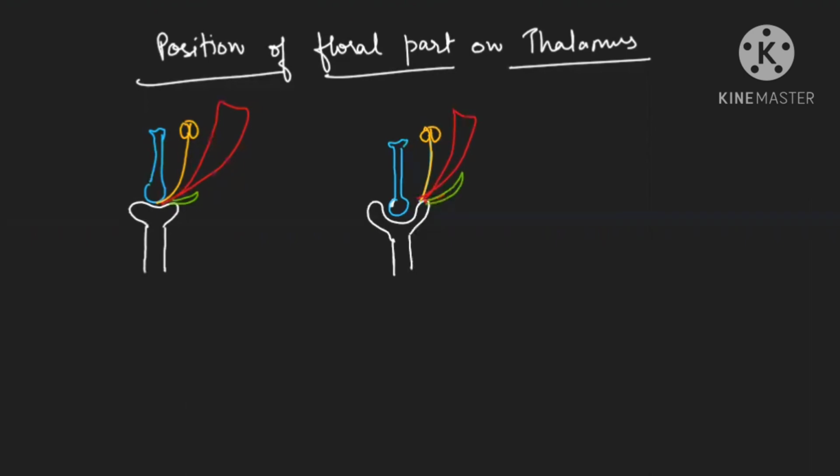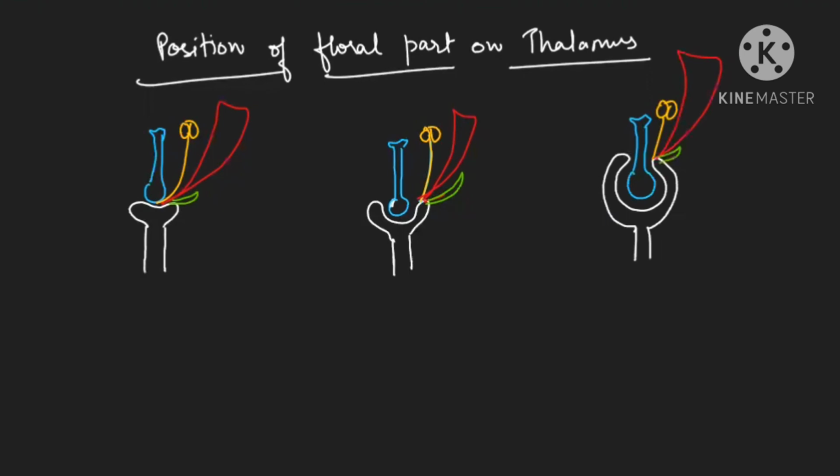So there is a difference between the first and second diagram. Now check the third diagram carefully. This is your ovary, style, and stigma. Now this is your stamen, this is the petal, and this is the sepal.